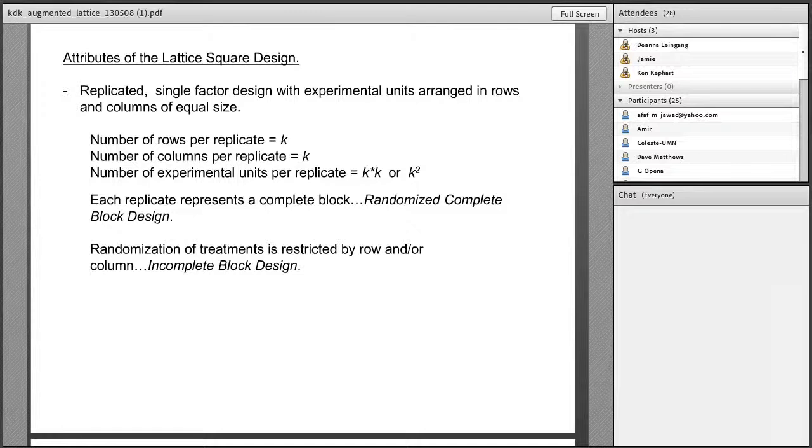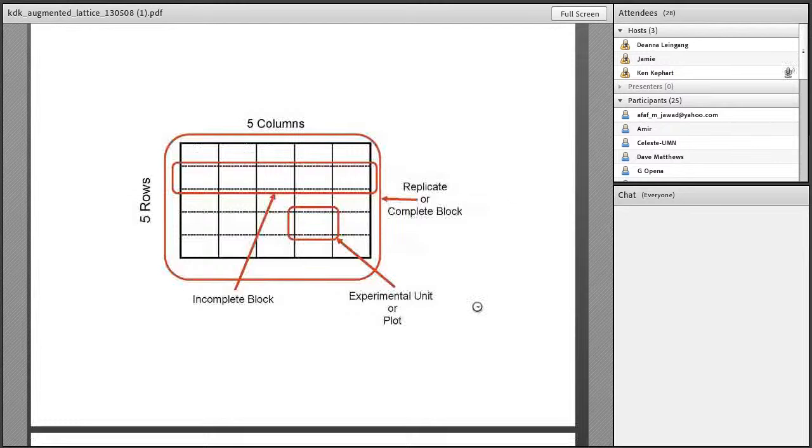Because each of the replicates, or what I will sometimes call whole blocks or complete blocks in this discussion, each of the replicates contain all treatments. This is a complete block design, and in fact, it's quite common to see in an analysis of a Latin square its comparison to a randomized complete block design from the standpoint of relative efficiency, because the same set of data can be analyzed as a randomized complete block design.